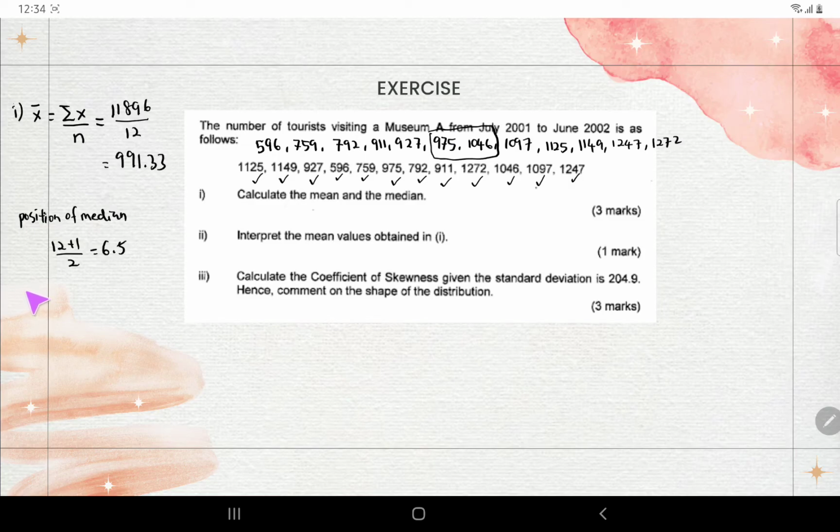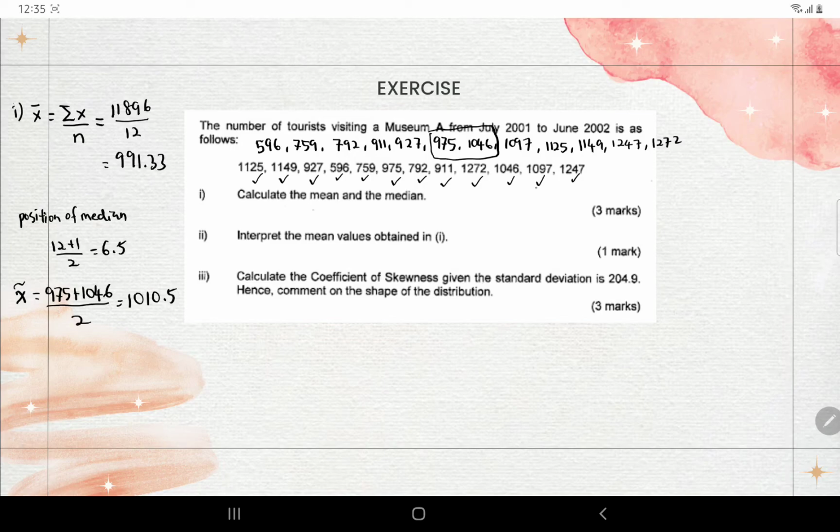So the median is 975 plus 1046 divided by 2. The answer is 1010.5.